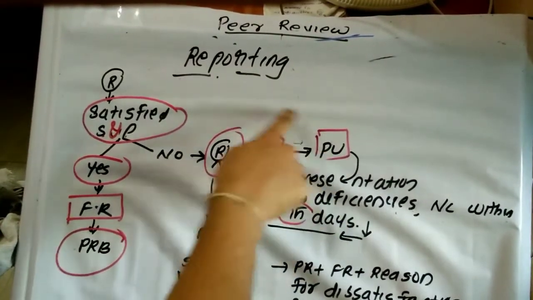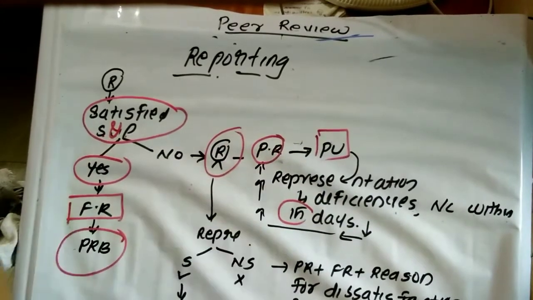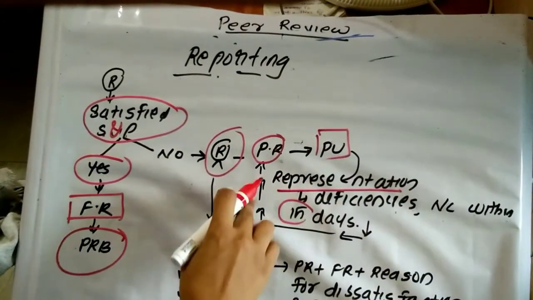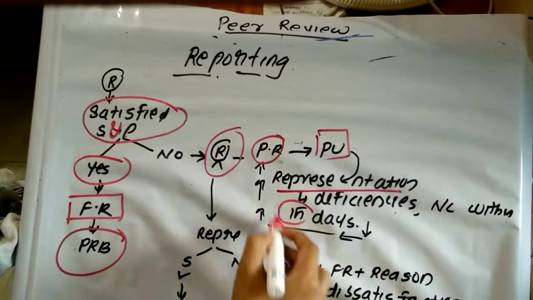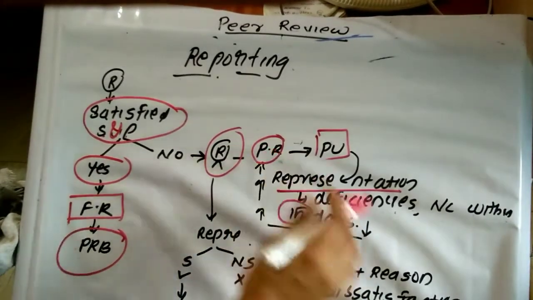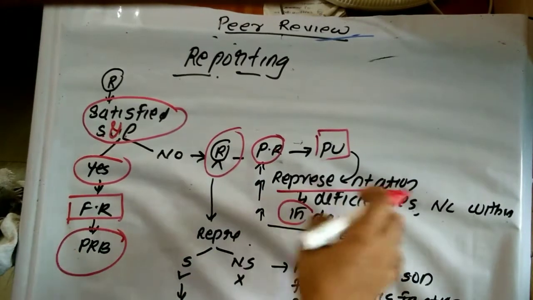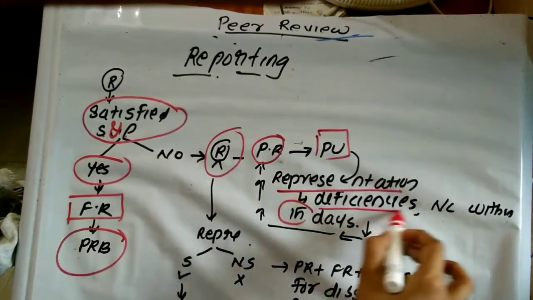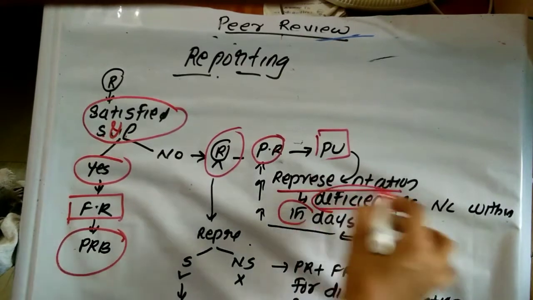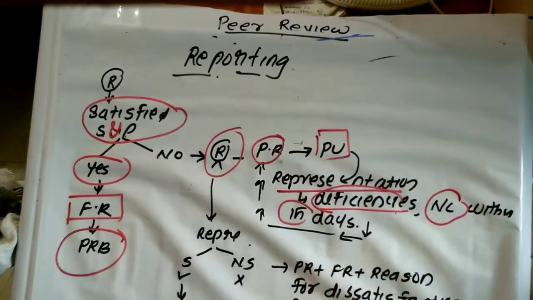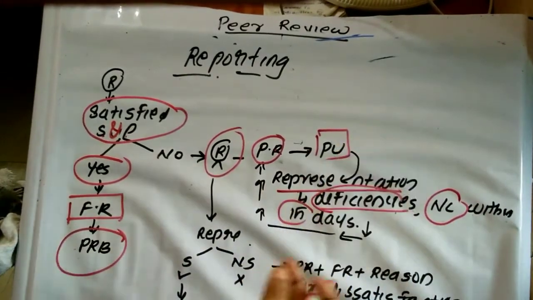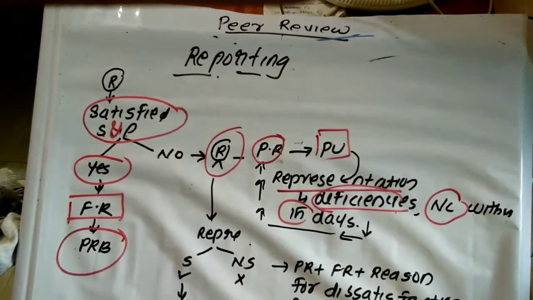If the practicing unit receives that preliminary report, they have to make a representation. Such representation has to be made within a period of 15 days of the preliminary report and shall be sent to the reviewer. Such representation shall include the deficiency, that is, reasons for such deficiency, non-compliance, etc. The same has to be sent by the practicing unit to the peer reviewer within a period of 15 days.